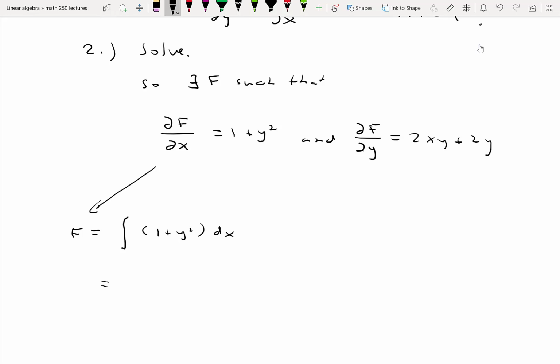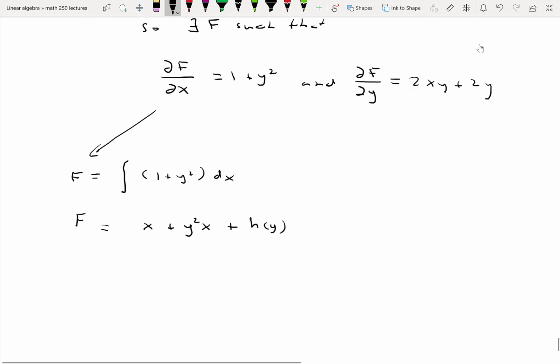The integral of 1 is x, and since y² is constant with respect to x, the integral of y² is y²x. You get a constant of integration, but since we're integrating with respect to x, any function of y, h(y), will do as the constant of integration.